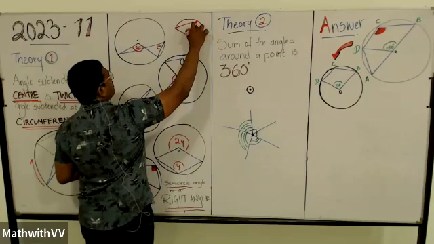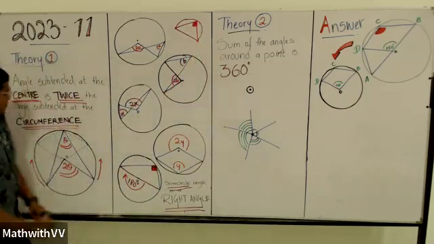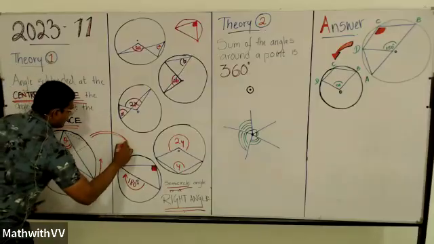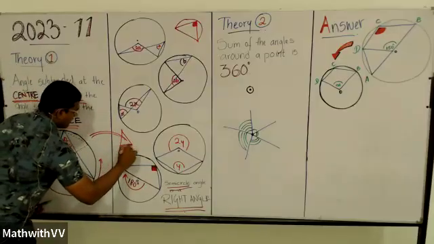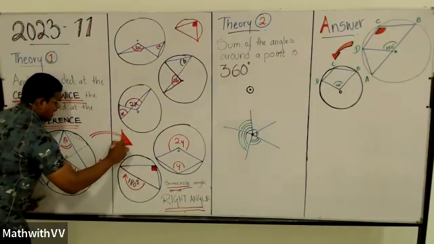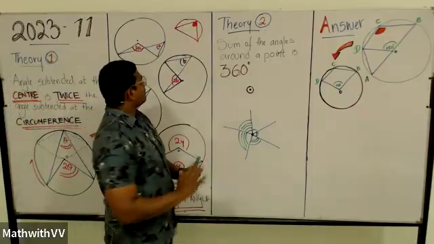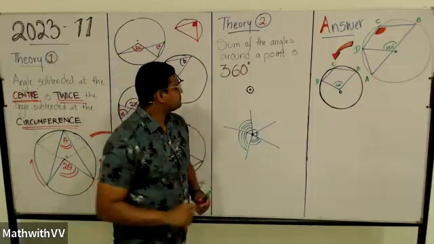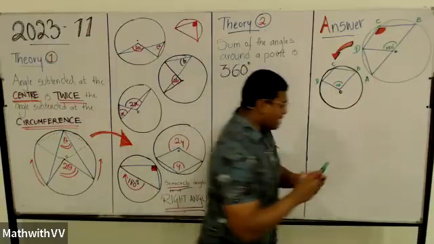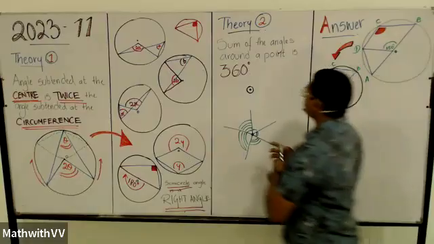That's why we call the semicircle angle a right angle. This is the mother theory of what we studied. This is derived from this theory. It's just additional, keep it in mind. That is theory number one. So how do we apply theory number one? I'll go to theory number two also.